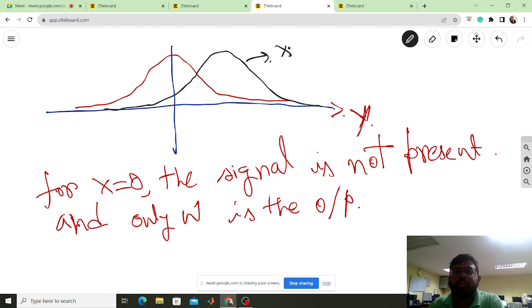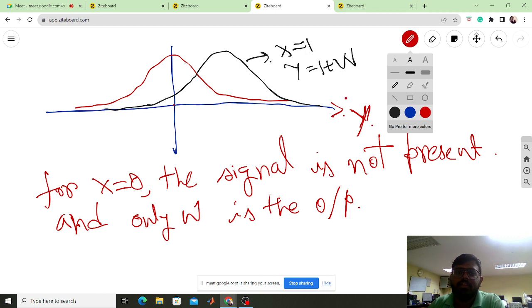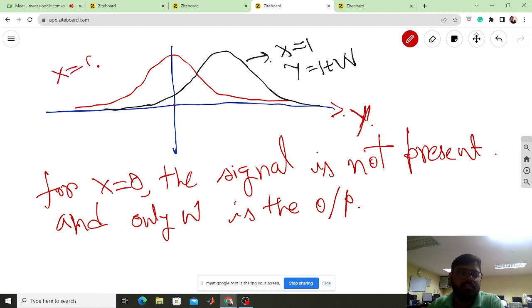So it is for x equal to 1, y equal to 1 plus W. Similarly, this is for x equal to 0, y is equal to 0 plus W.